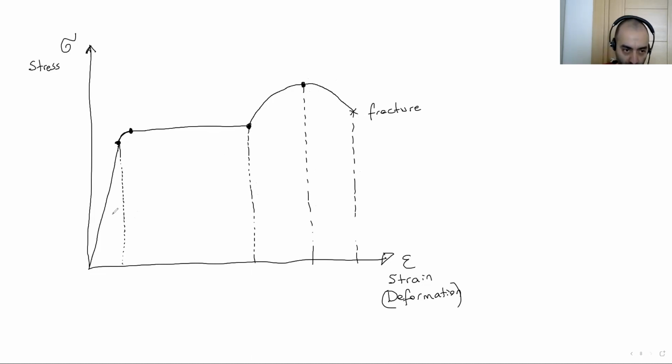Okay, here when we apply the force, stress occurs linearly. This part is a linear part.